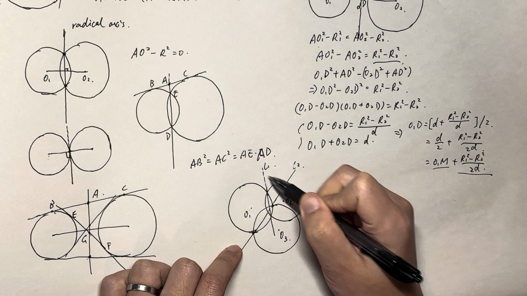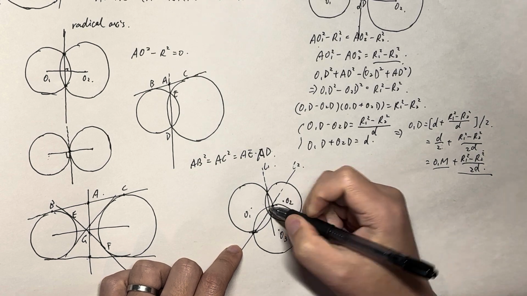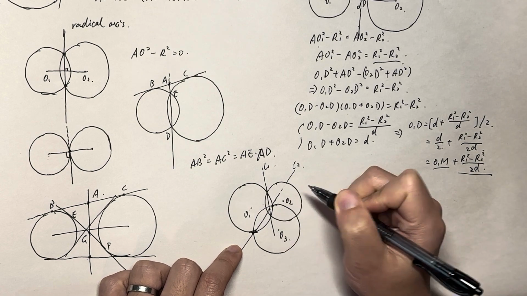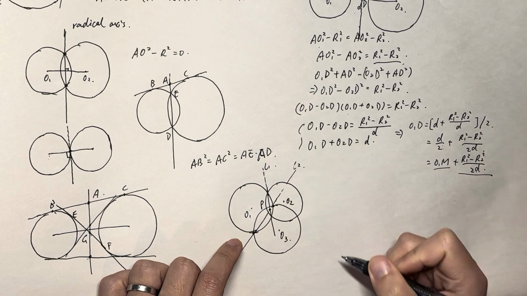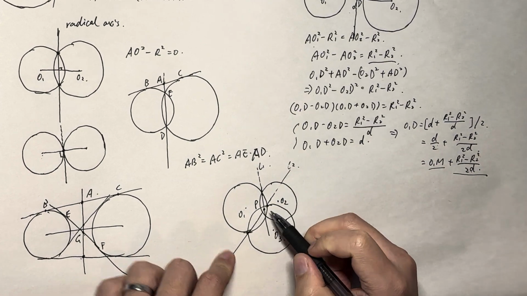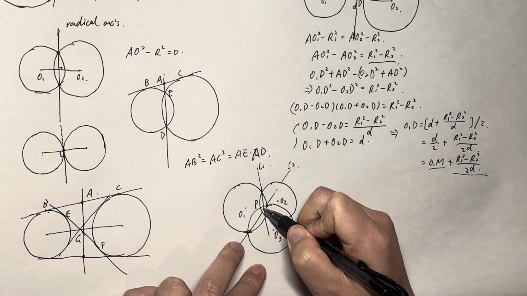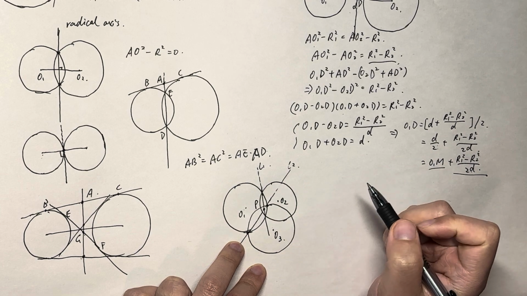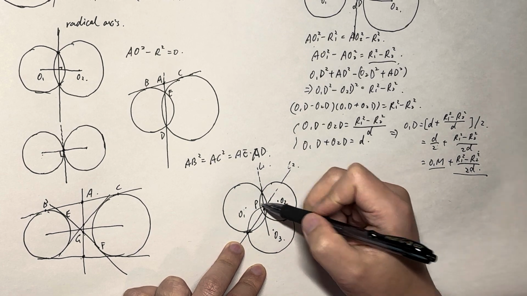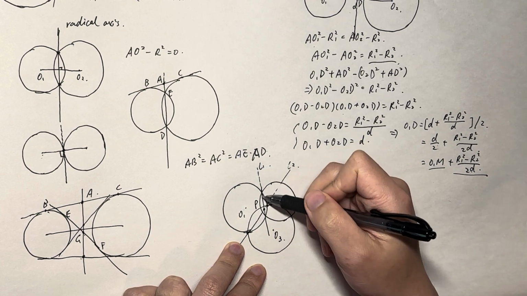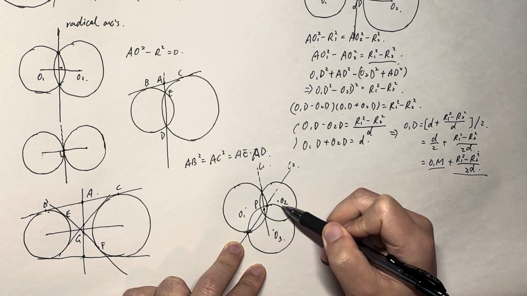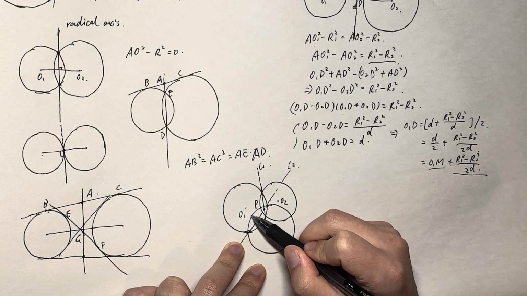And these two lines have an intersection point. Let's call it P, right? So we know that the point P has the same power because it lies on L1, so it has the same power with respect to O2 and O1.